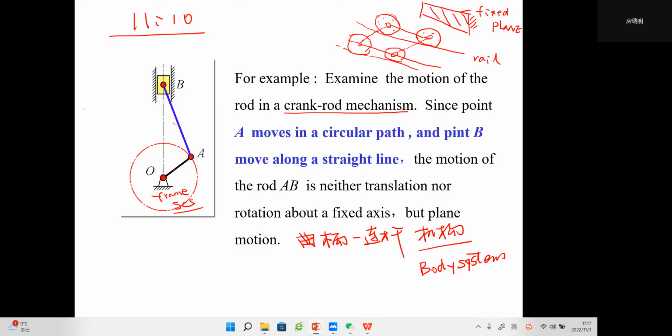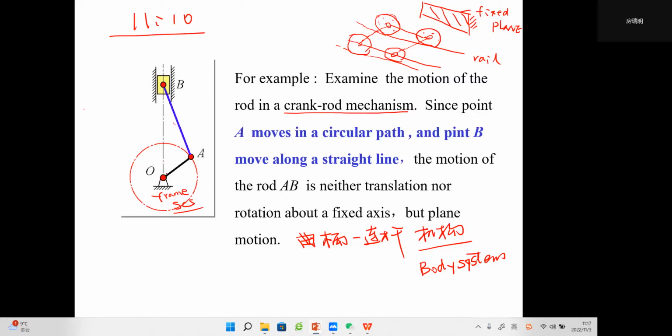Actually, when this crank OA rotates around point O, one revolution after another, that means it rotates and rotates and rotates, then the force goes from A along direction AB into this slider, and this slider, according to the guide slot, will have a vertical movement up and down, just like what we have mentioned, the cam follower mechanism, right?